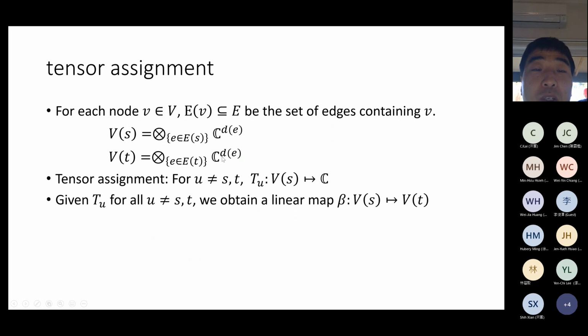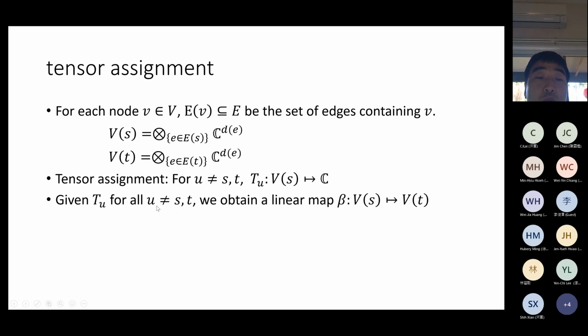It's just the Hilbert space of the sink. And the tensor assignment is that for any U not S and not T, TU is just a linear map that maps the Hilbert space of U to a complex number.